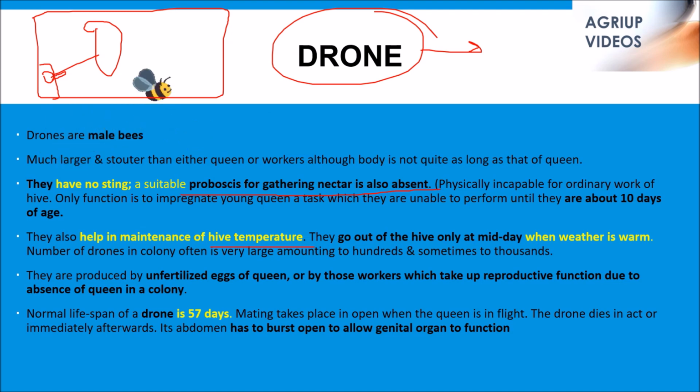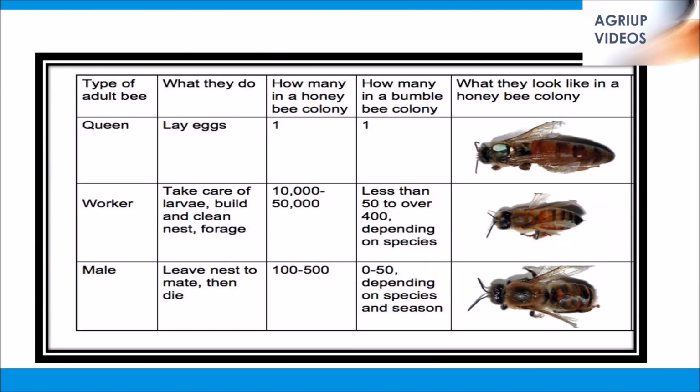So after copulation, the drone is going to die. This is a very sad thing, but yet very interesting to note, and to keep in mind from the examination point of view as well.